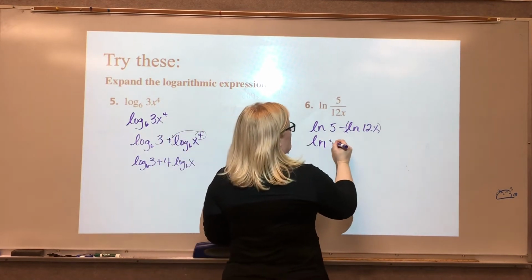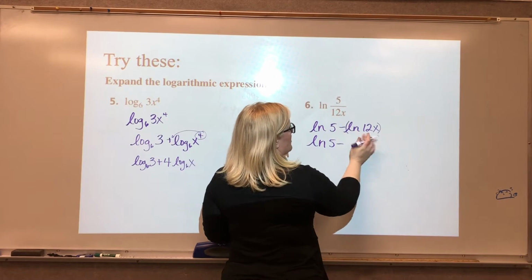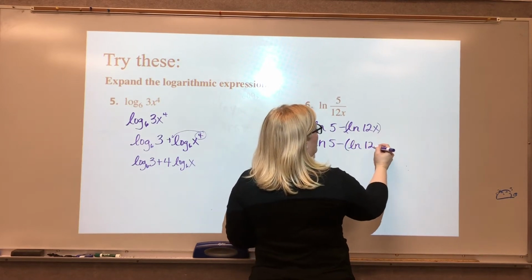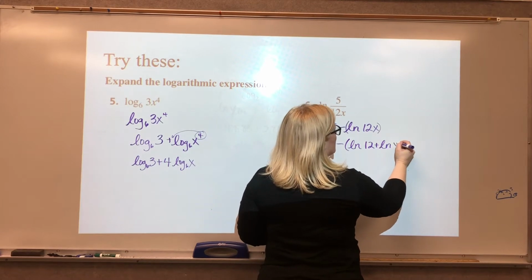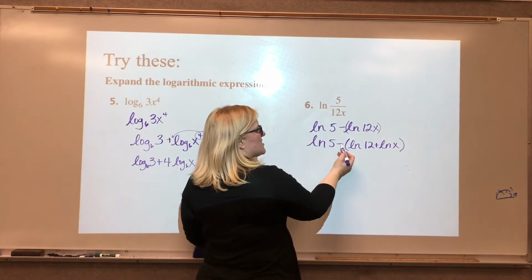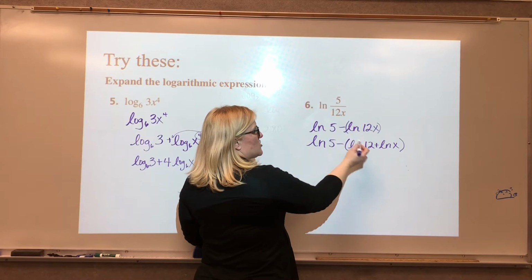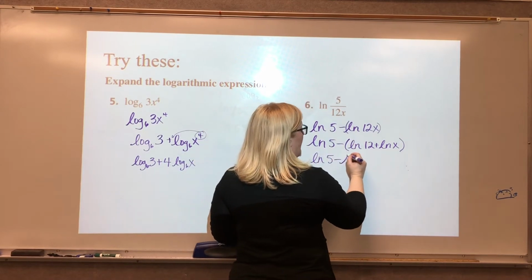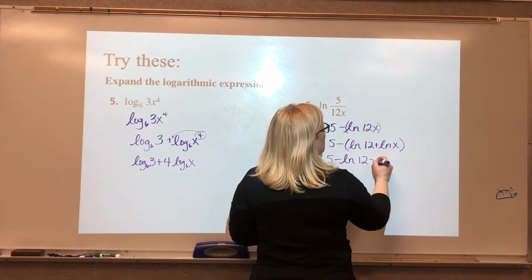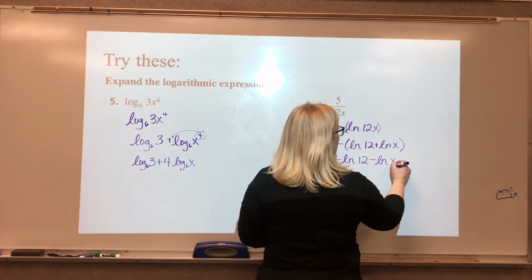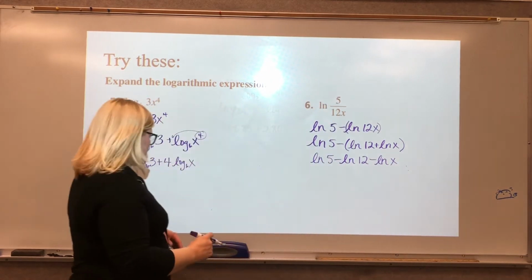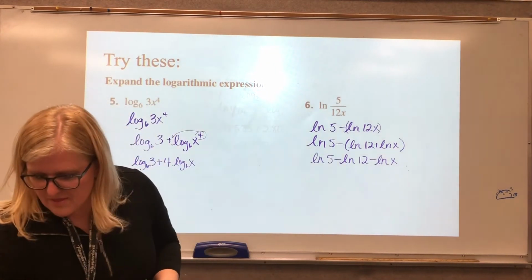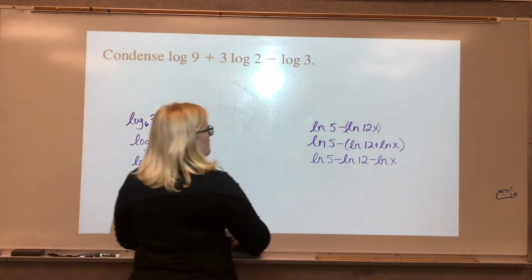So when I separate these, I'm going to keep them in parentheses. Natural log of 12 plus natural log of x. And now this is going to distribute. So we've got natural log of 5 minus the natural log of 12 minus the natural log of x. Okay, I hope that that was easy for you.